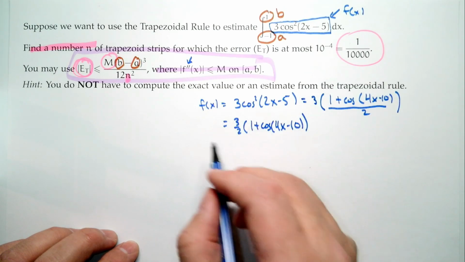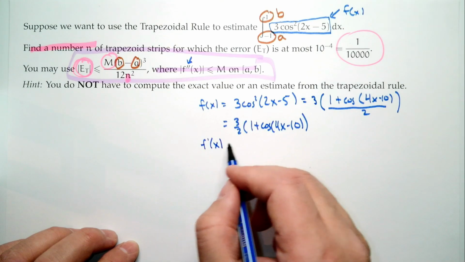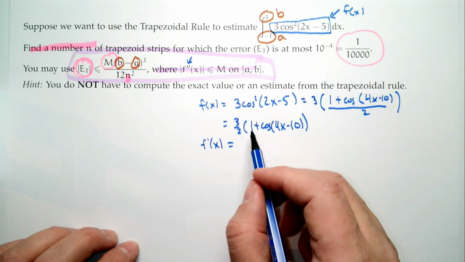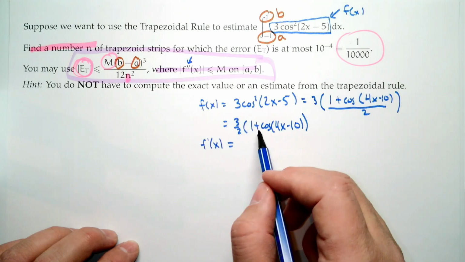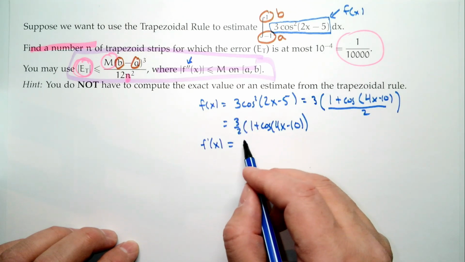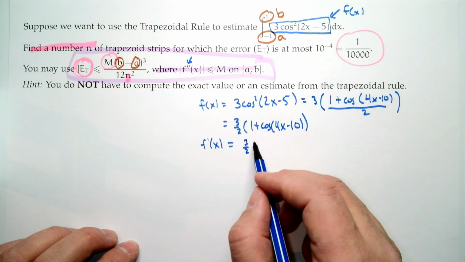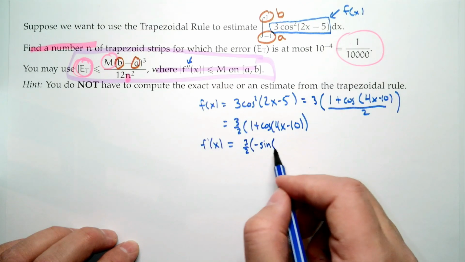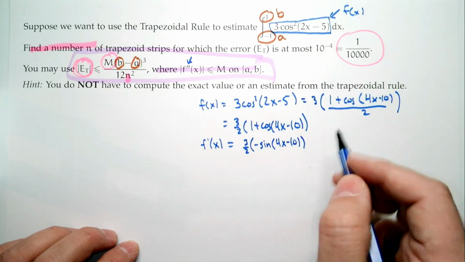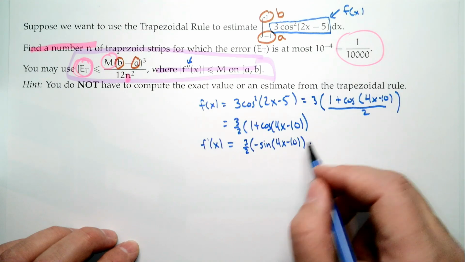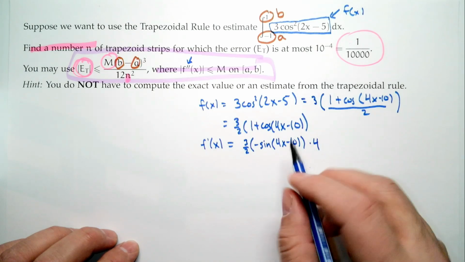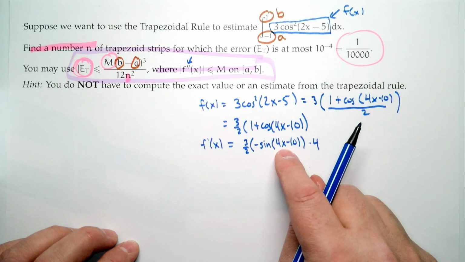So that's our f of x. Now we just go to work, f prime of x. Well, look, the 1, when we take the derivative, that goes away. So you have 3 halves, the derivative of cosine, negative sine, 4x minus 10, and then times 4, right? Because the derivative of 4x minus 10 by the chain rule.